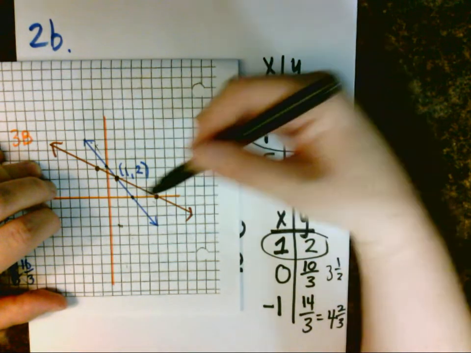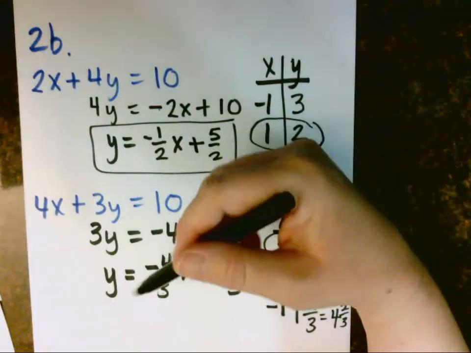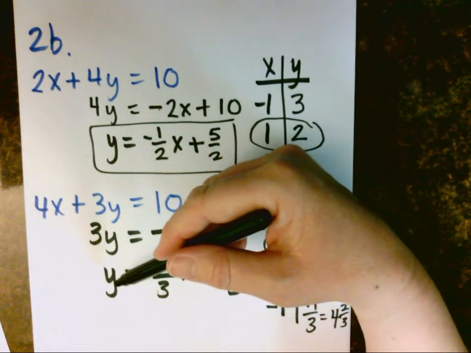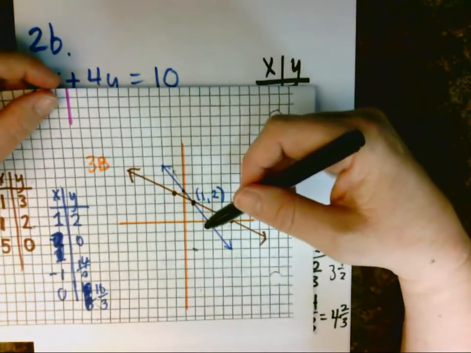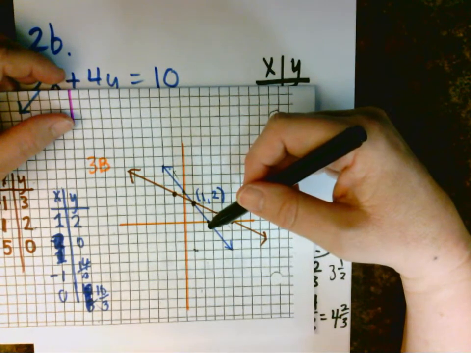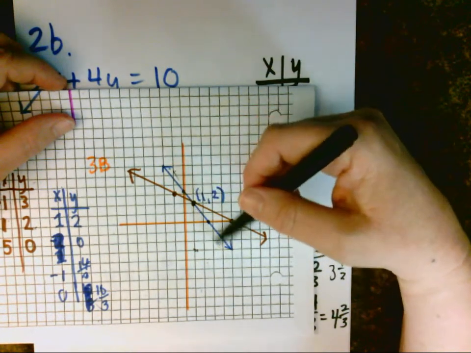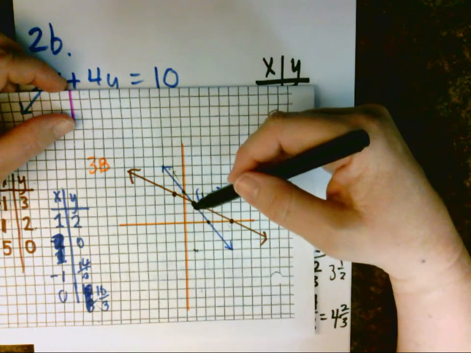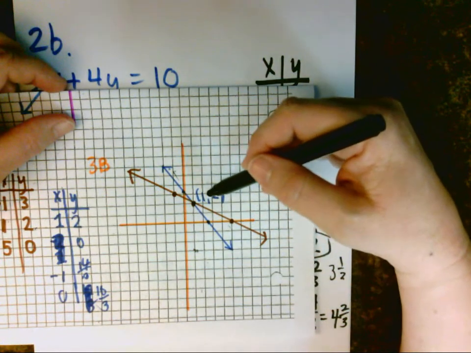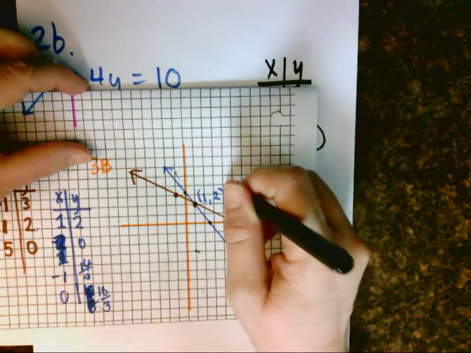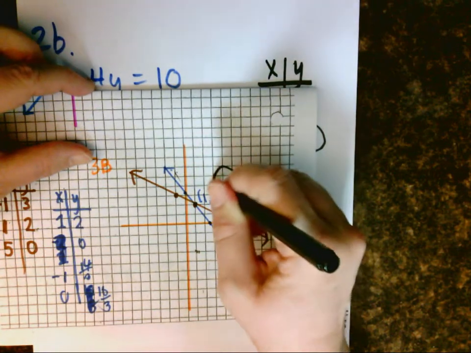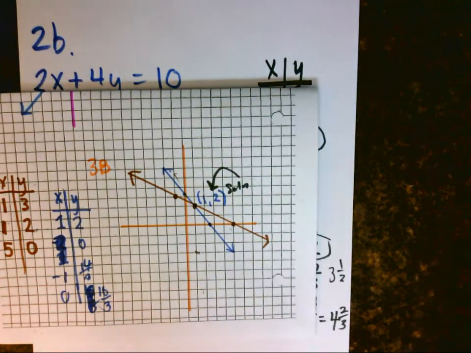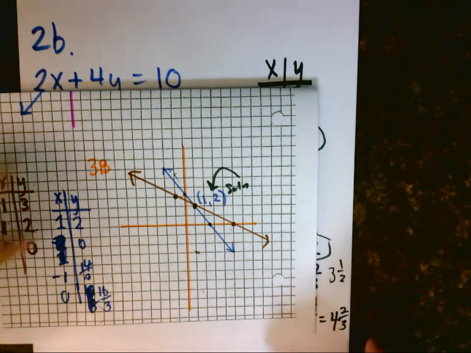Then I let y be 0 maybe. When you let y be 0, I got the intersection point here at 5/2. So there's my second line, but that accuracy isn't terribly important because we have the intersection point here at 1, 2. So this is the solution. The solution is that intersection point, and we got it by graphing these, okay? Actually, by making the table, we got it, okay?